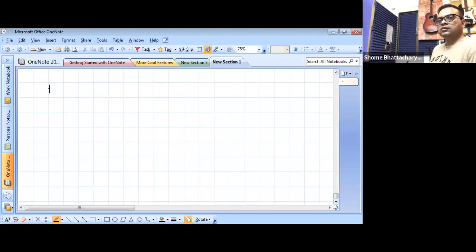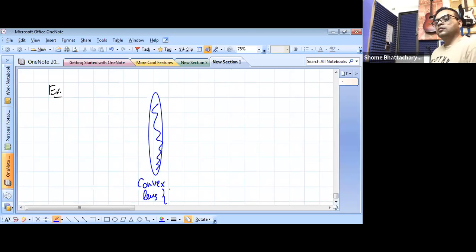So for example, suppose we have something like this now. We have a convex lens of focal length 60 centimeters, and it is kept in contact with a convex mirror.